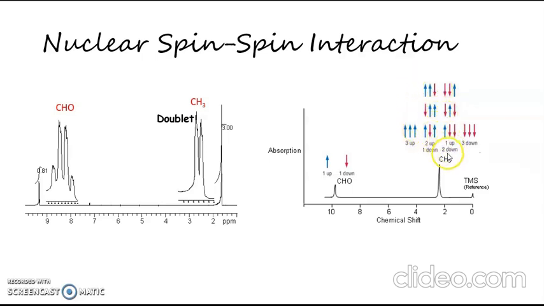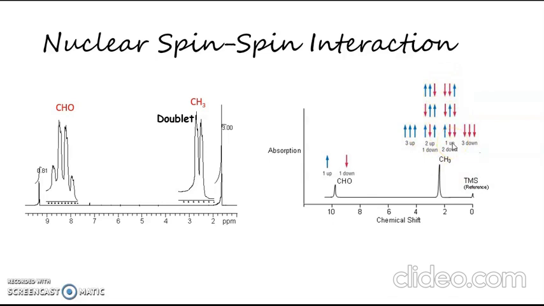And next is 1 up and 2 down. There will be 3 arrangements with these setups, and a 3 downward spin. Here, as you can see, these 3 alignments and these 3 alignments are degenerate.